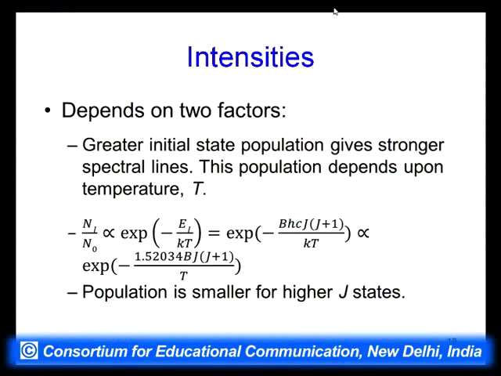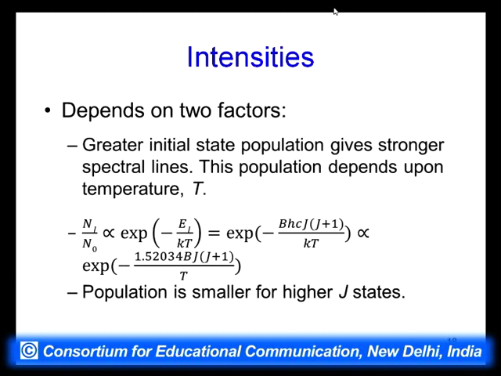We have already discussed it in the last lecture, where we talked about the Boltzmann distribution and how it affects the population. Suppose you take N1 by N0, and we know that it is according to the Maxwell-Boltzmann distribution law. It depends upon exponential of minus delta Ej by kT, but the energy of the 0th energy level is 0, so Ej minus 0 is Ej only.